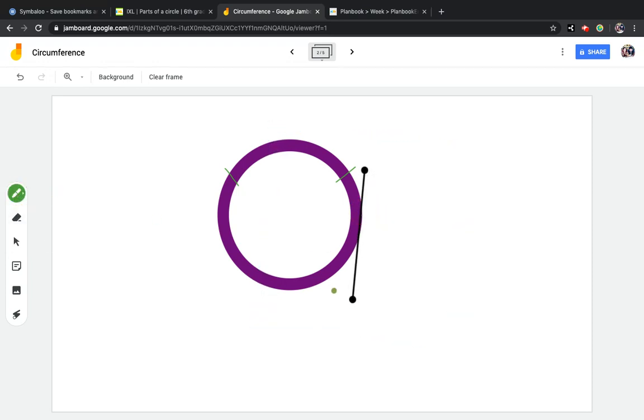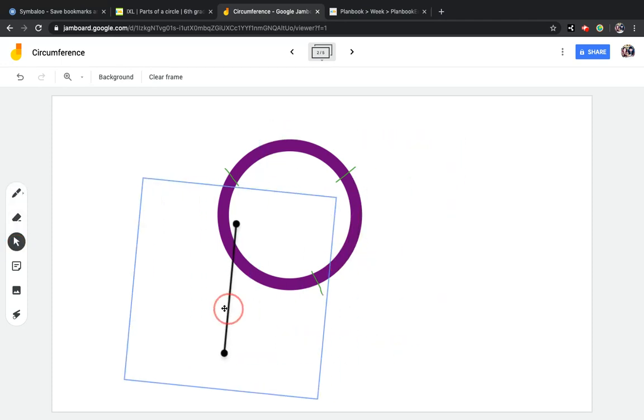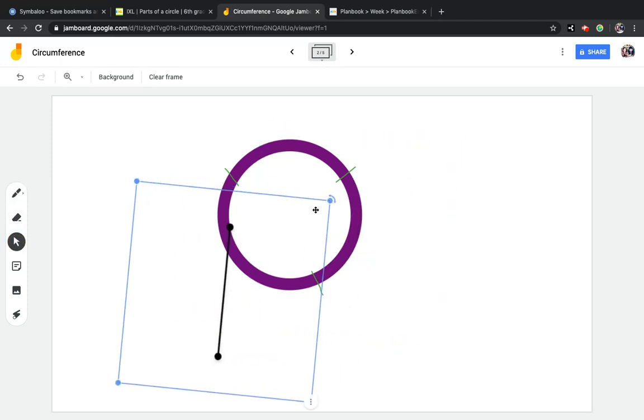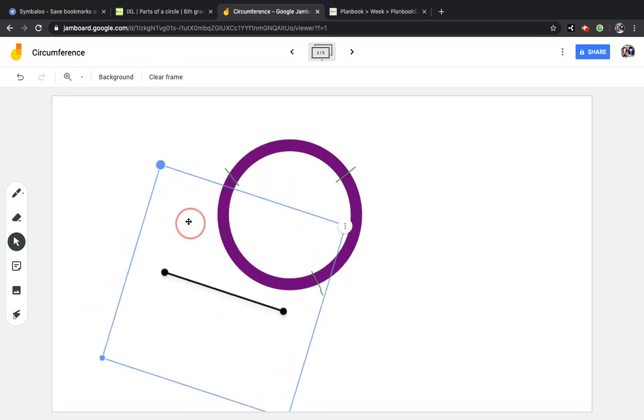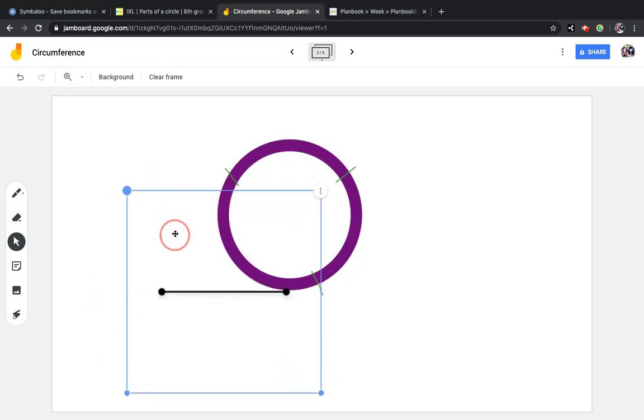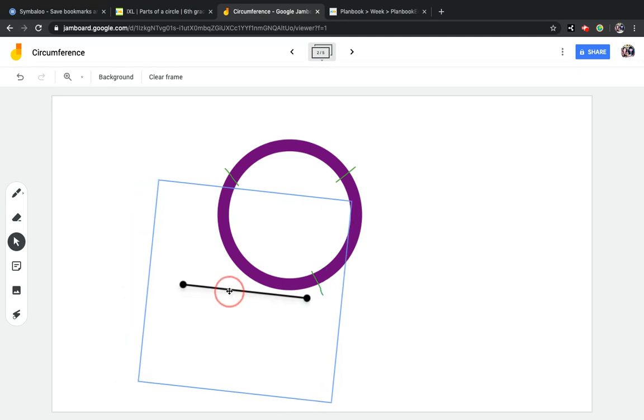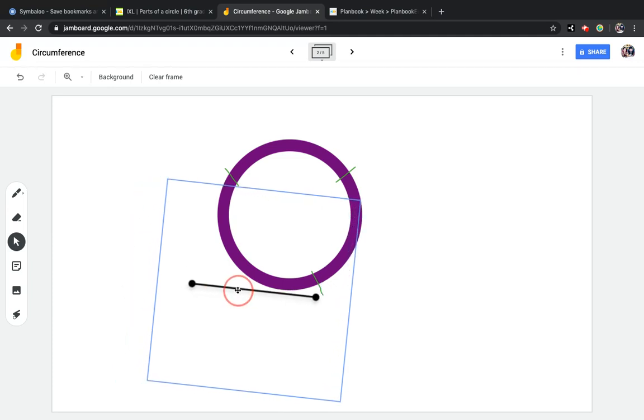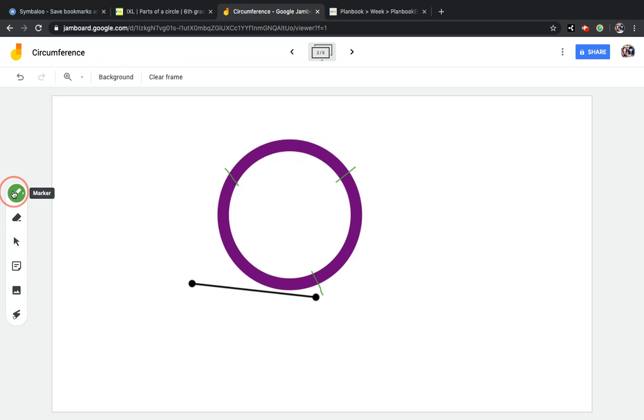I draw a line about here, it looks like. So that's 1, that's 2. Wrap it around one more time, if I can find my circle. Okay, about there. And it'd be about here if I wrapped it around.